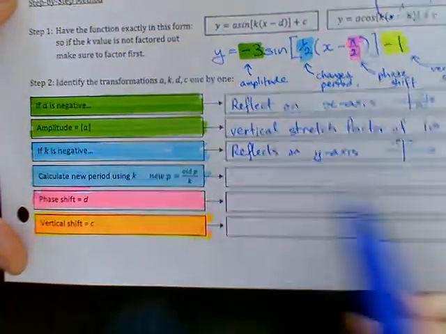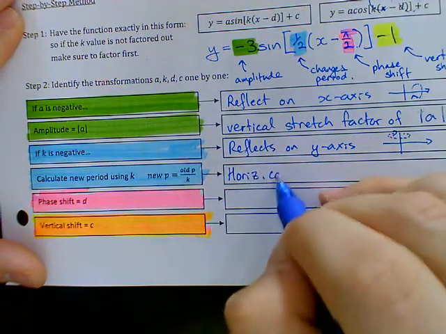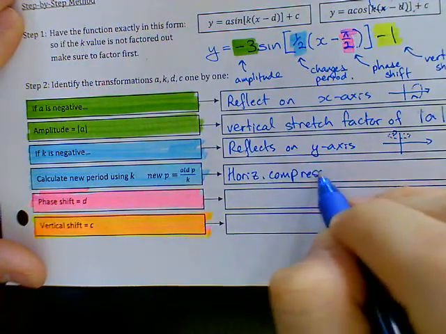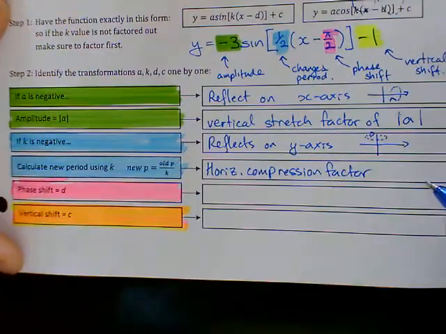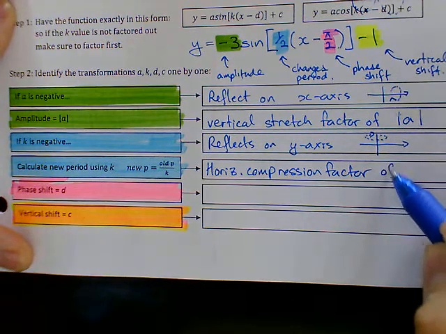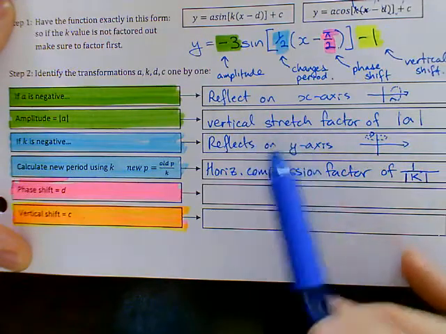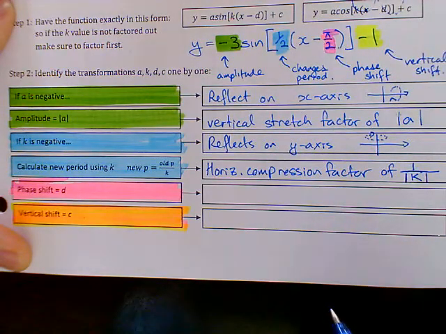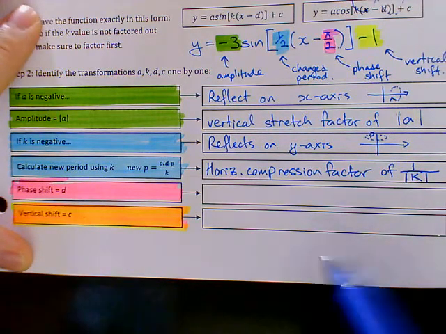And because it also does a compression, I'm going to write horizontal compression. You're multiplying all the x values by 1/k, an absolute value, of course, because we already dealt with the negative portion.